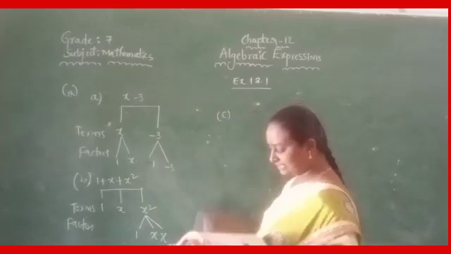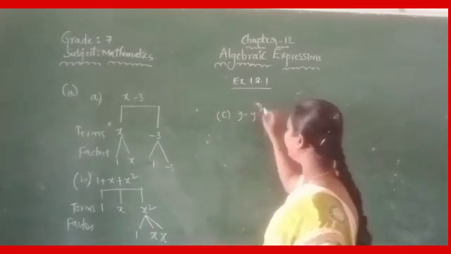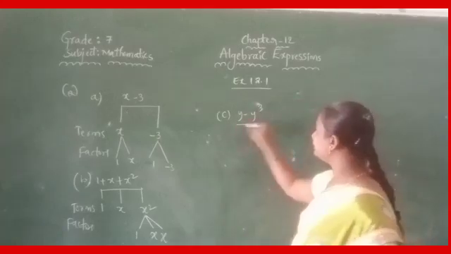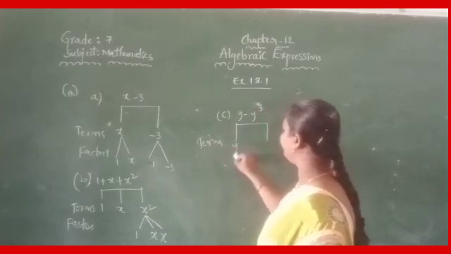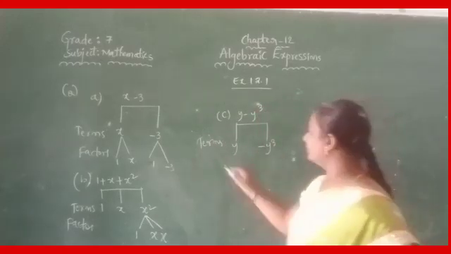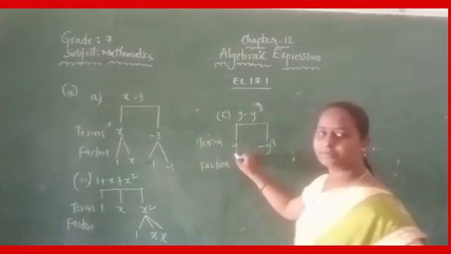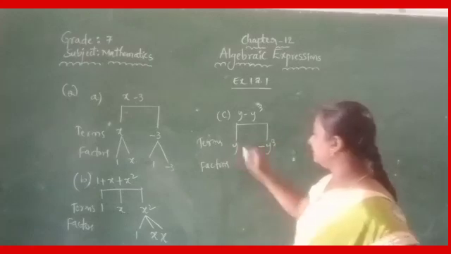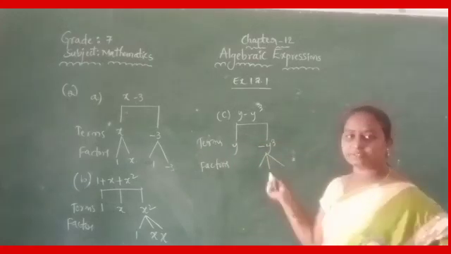Right. The third one, y minus y cube. What are the terms here? There are two terms. One is y and the second one is minus y cube. And factors: here only one factor, that is y, and in y cube it is multiplied 3 times.